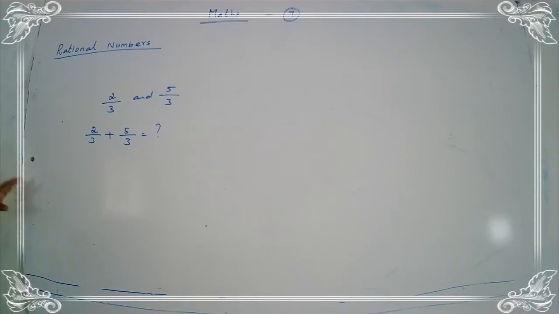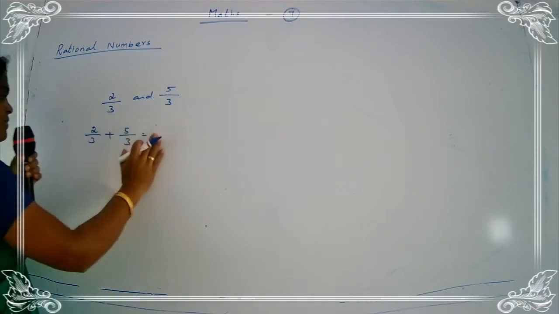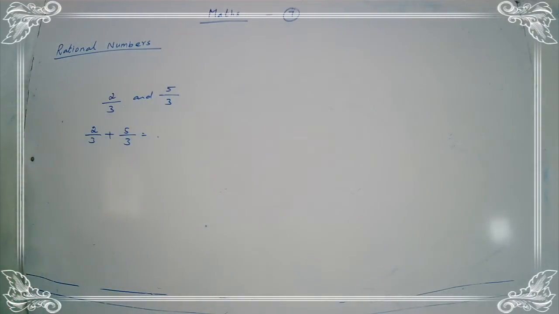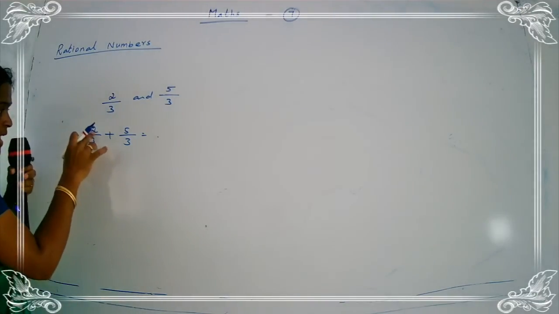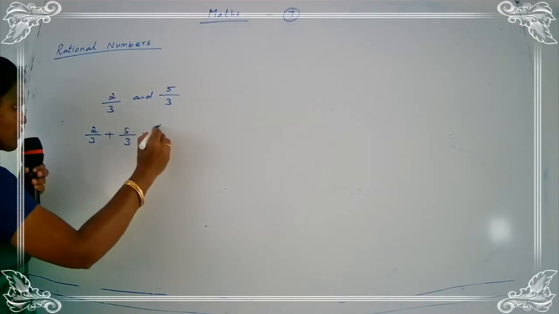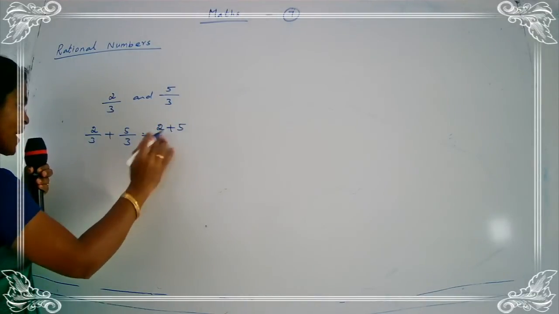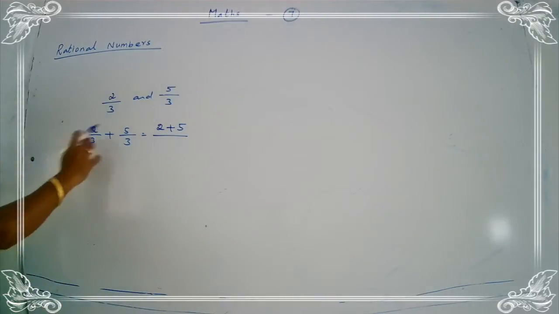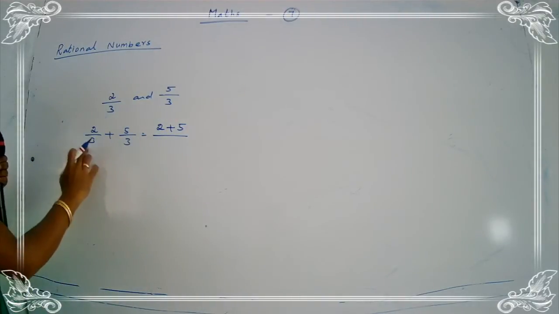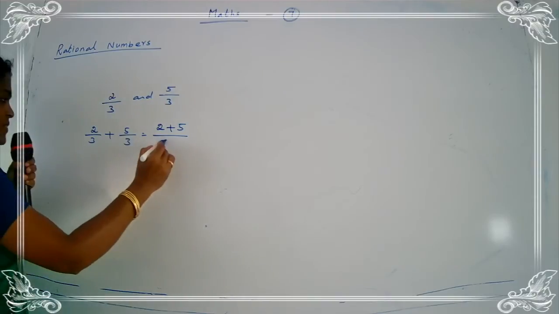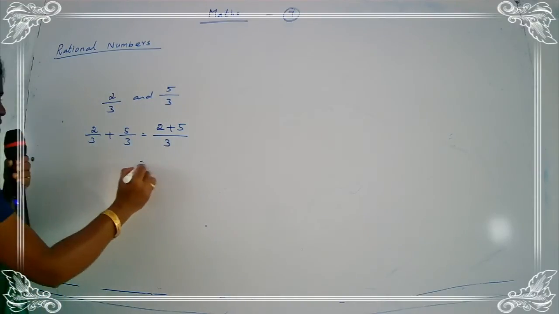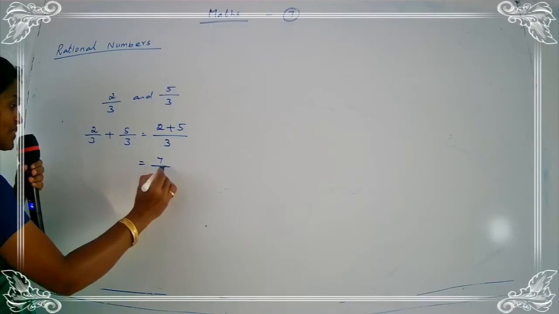Yes or no? Yes. In addition of like fractions, we add the numerators and write the answer with the same denominator. So what is the answer? The numerators are 2 and 5, so your answer is 2 plus 5 upon the same denominator, 3. 2 plus 5 is 7, so 7 upon 3.